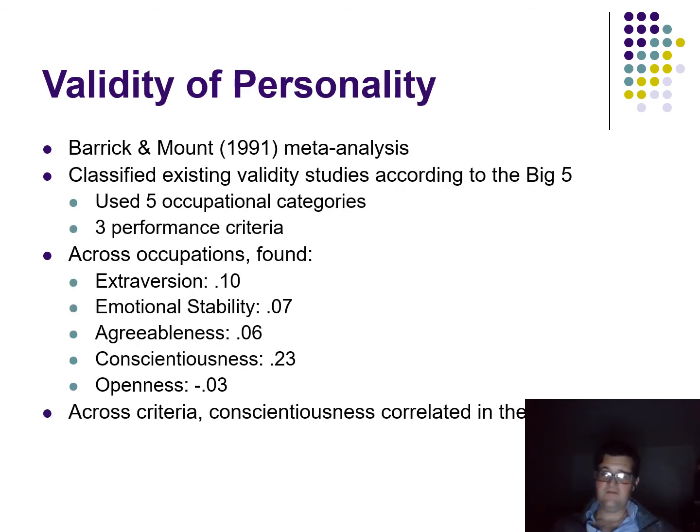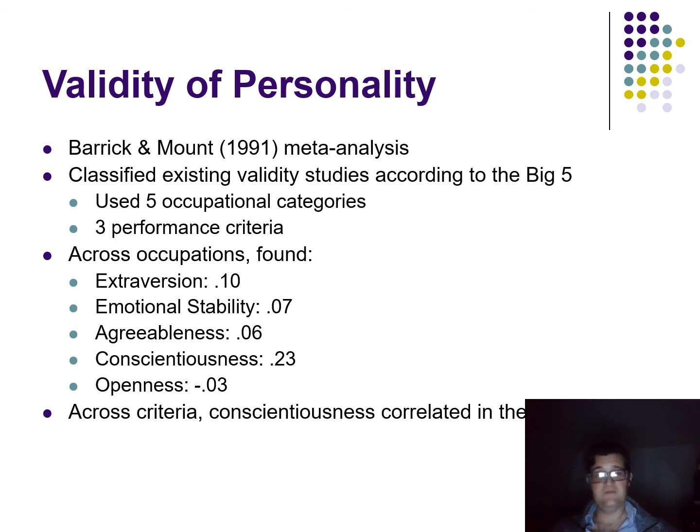So now, just to get into the really HR relevant stuff, the validity of personality, probably the most important thing here was the 1991 meta-analysis by Barrick and Mount. Basically, they were the first ones to go in and use those five factors to organize the previous studies.